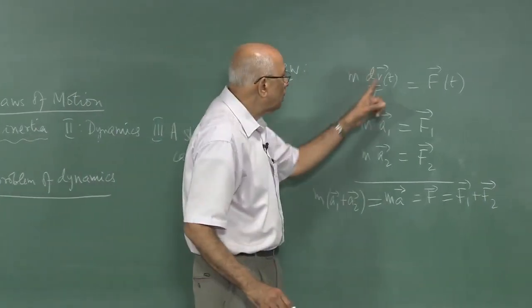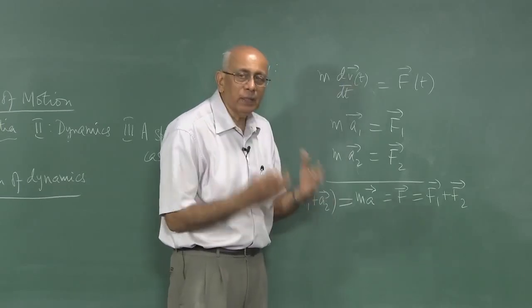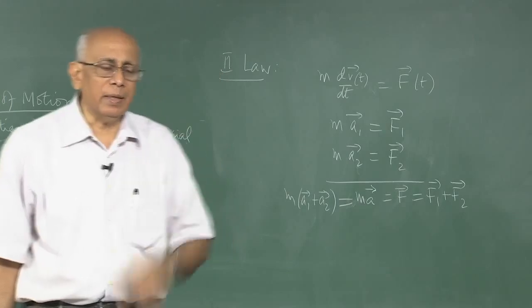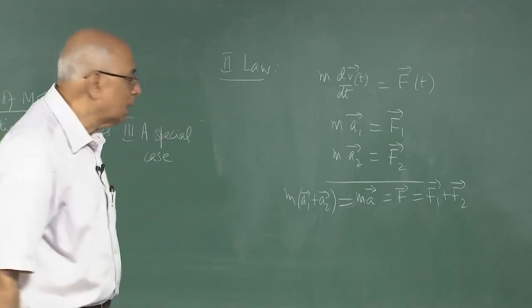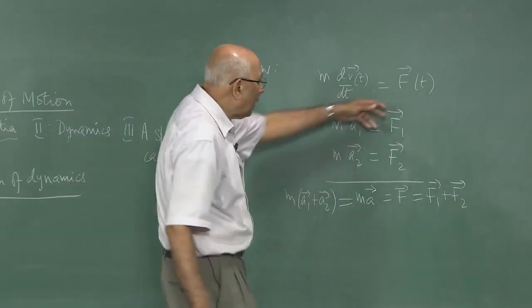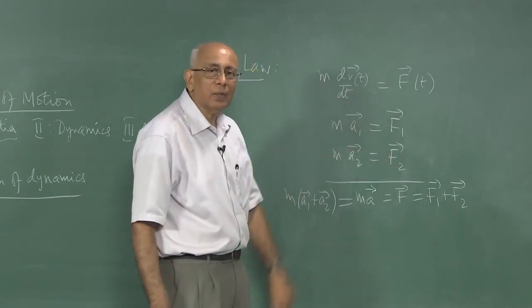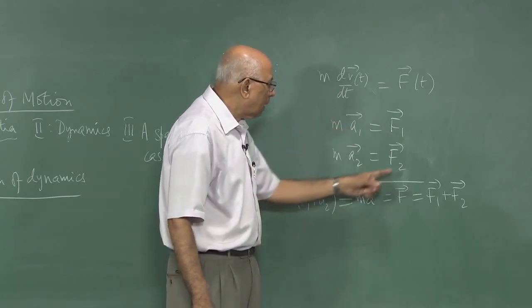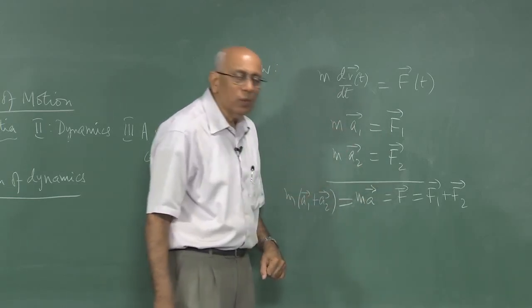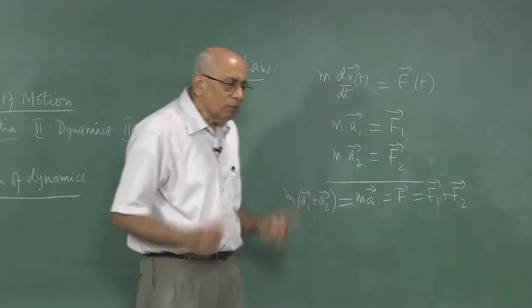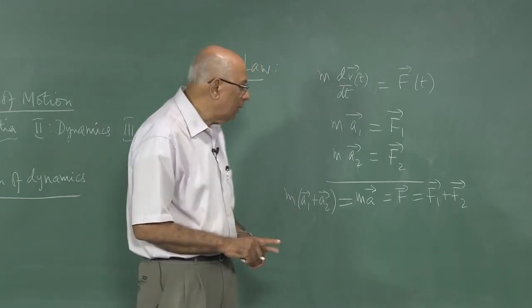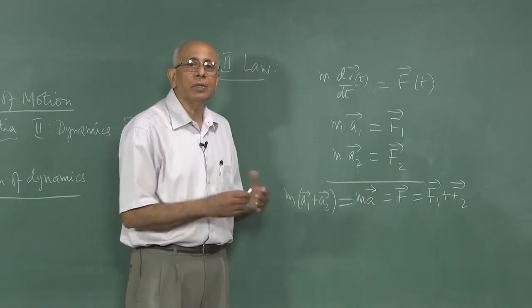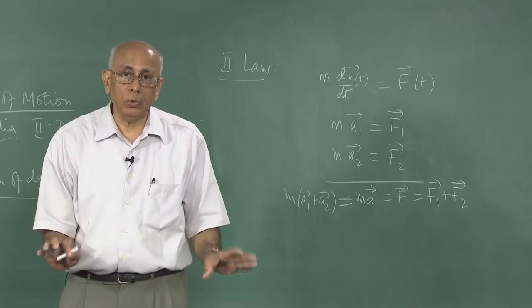It says the response of this object, its acceleration, is linear in whatever is the stimulus, in whatever force is applied, independent of the nature of that force. So if you have one force which is mechanical, another force which is electrical on this body, and the first force produces an acceleration a1, the second produces an acceleration a2, you are guaranteed that when both forces act simultaneously on the body, the resultant acceleration is again the vector sum of the individual accelerations caused by the two individual forces.